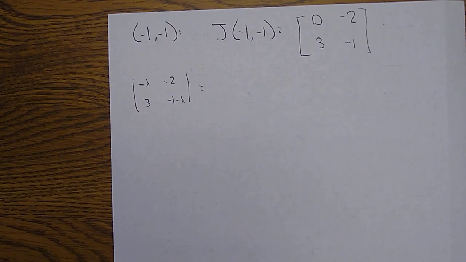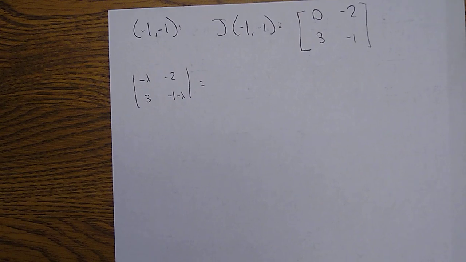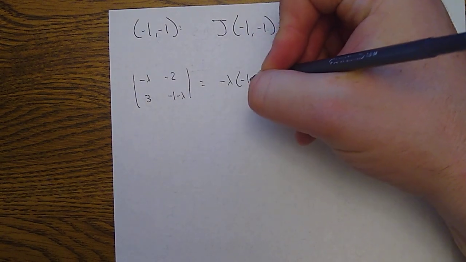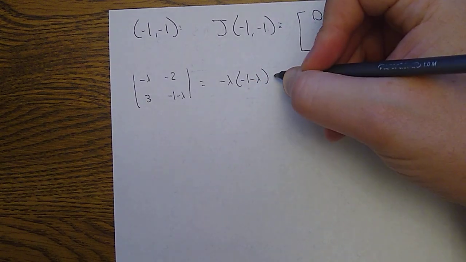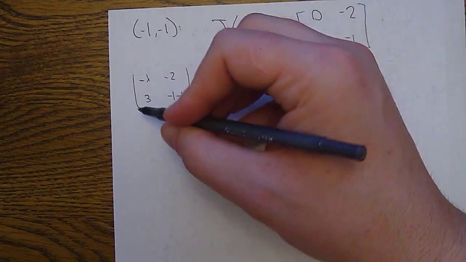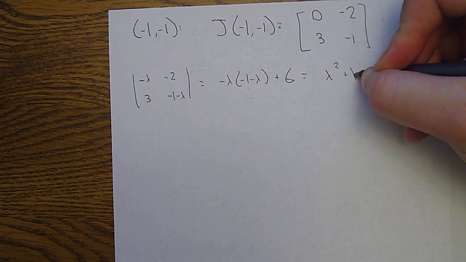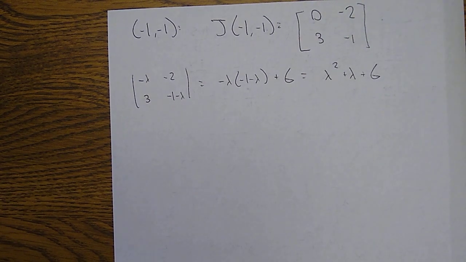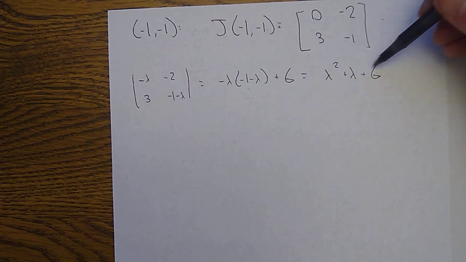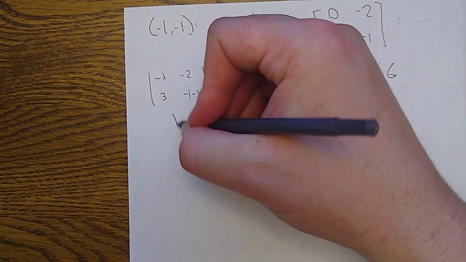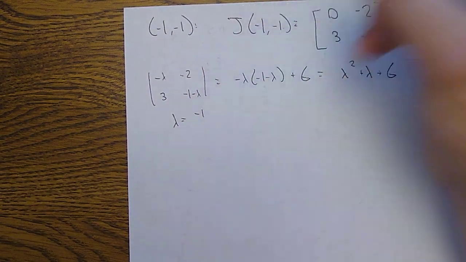Oops. Okay. This time it's plus 6. So this is lambda squared plus lambda plus 6. And now I'm having trouble thinking of how to factor this. So maybe let's use the quadratic formula.